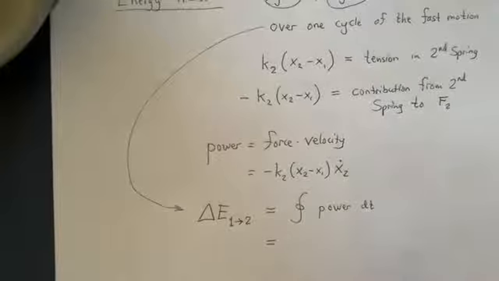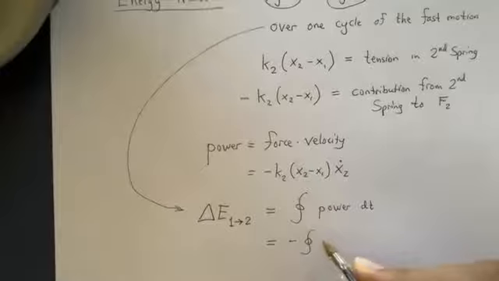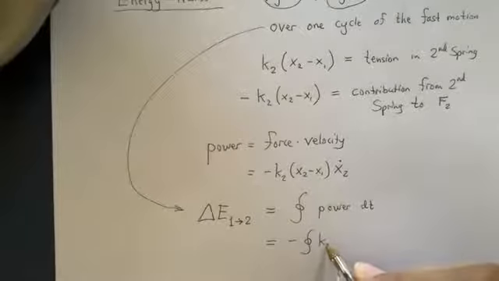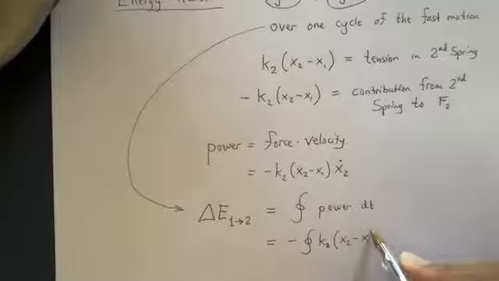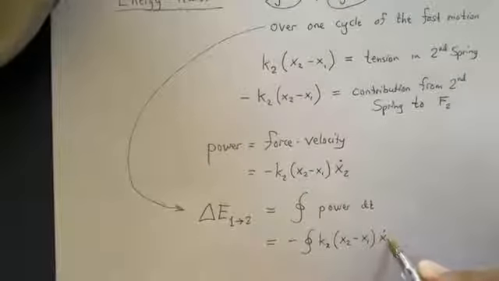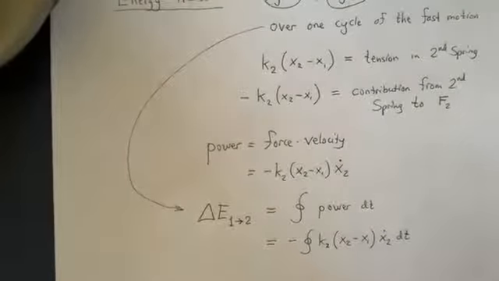Okay, so let's write this out clearly. The energy transferred from system number 1 to system number 2, we're going to integrate. I'll pull out the minus sign. We got a minus in integral K2, okay, and we're integrating over one cycle.